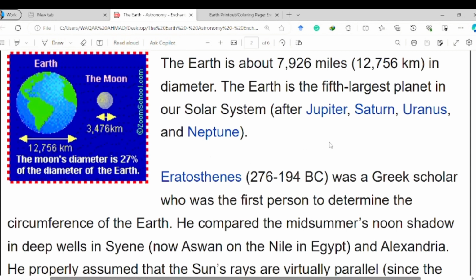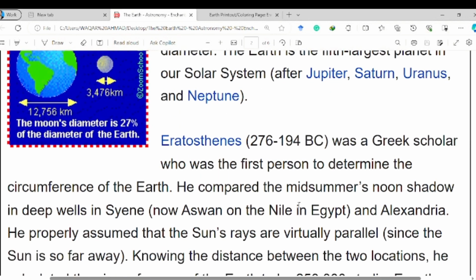This man, Eratosthenes, was a Greek scholar, 276 to 194 BC, who was the first person to determine the circumference of the Earth.